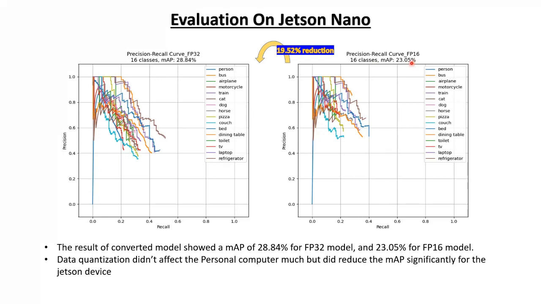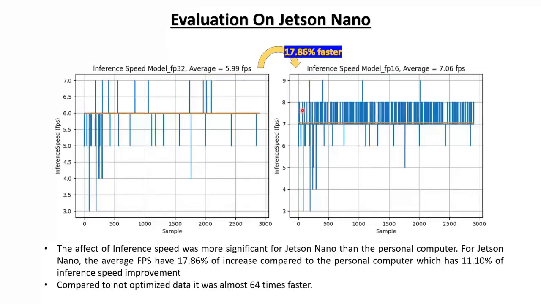So it is easily visible that the personal computer is not much affected by this floating point conversion, but mobile devices like Jetson, which have lower memory, are very much affected by this.